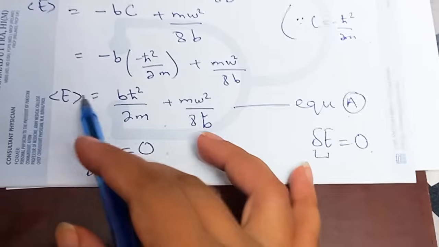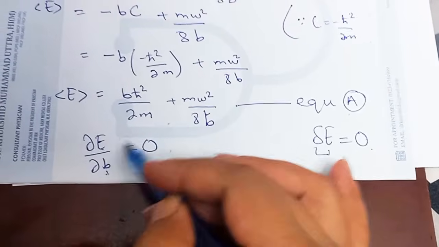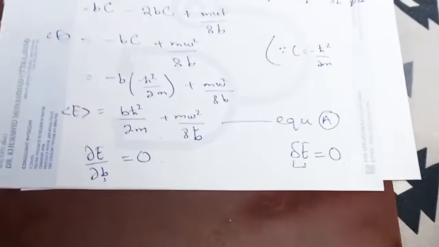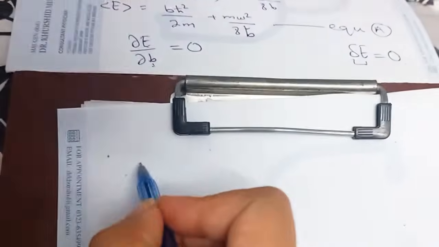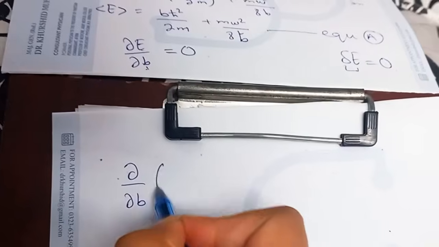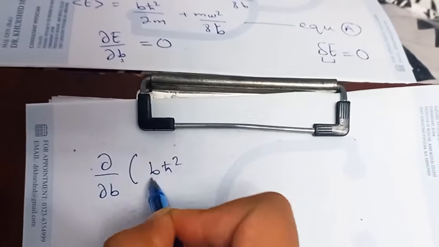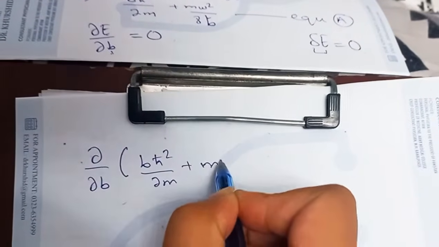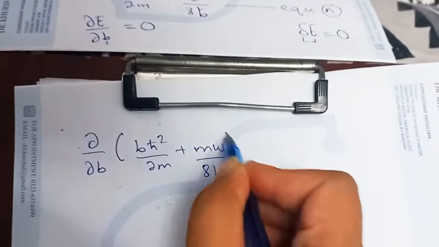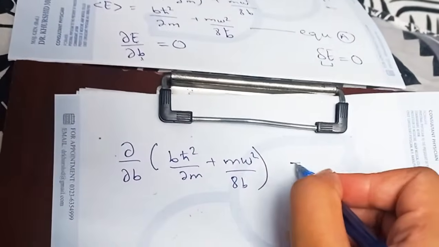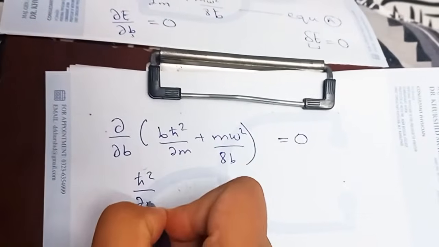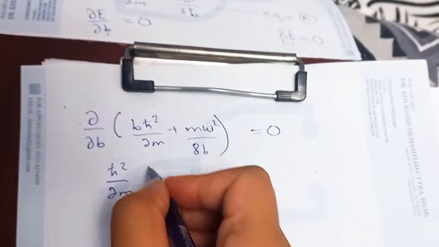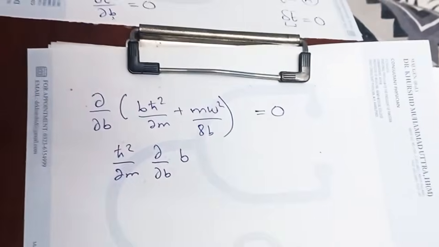So let's differentiate this expression with respect to b and we'll put it equal to 0 and we'll find out the value of b afterwards. So let's do that. It's partial by partial b, value of E that we got is this, that is equal to 0. Now h cut square by 2m is a constant, so partial by partial b will be applied on b.